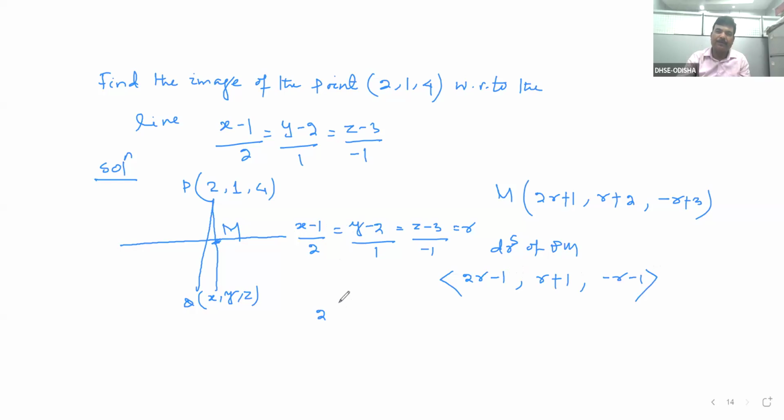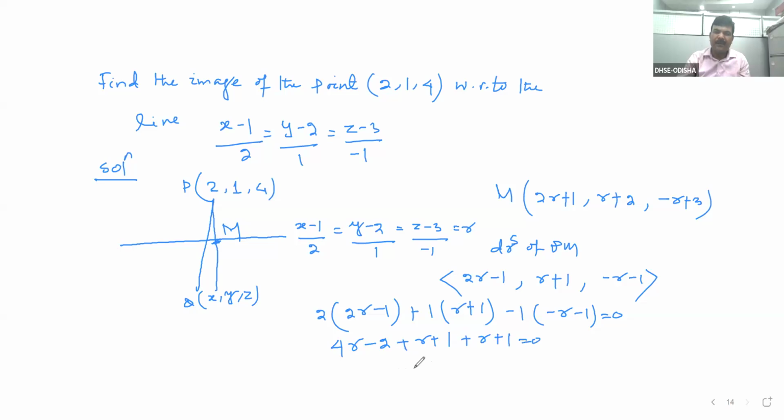So 2 into (2r-1) plus 1 into (r+1) minus 1 into (-r-1) is equal to 0. So 4r-2+r+1+r+1=0. So 6r=0, which implies r=0.